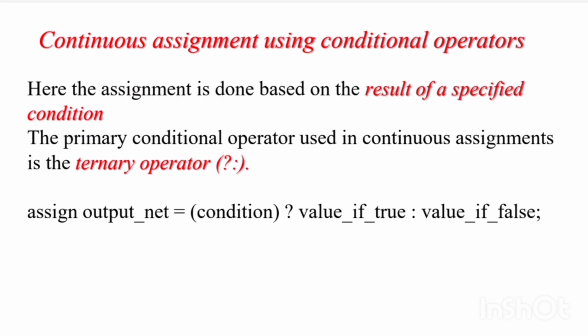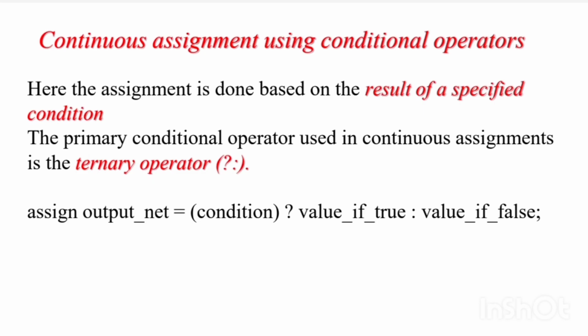Next topic is continuous assignment using conditional operators. Here the assignment is done based on the result of a specified condition. The primary conditional operator used in continuous assignments is the ternary operator. So something like a question mark you will be able to find over there, followed by a colon.